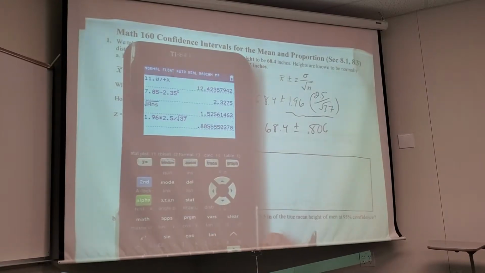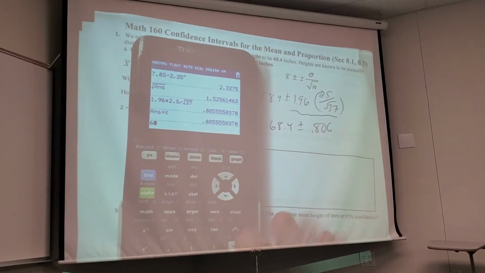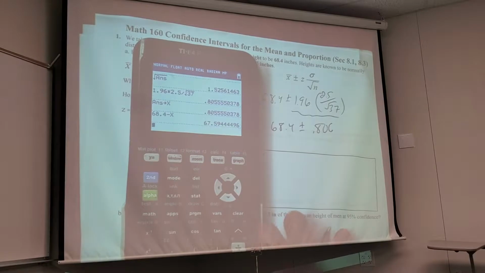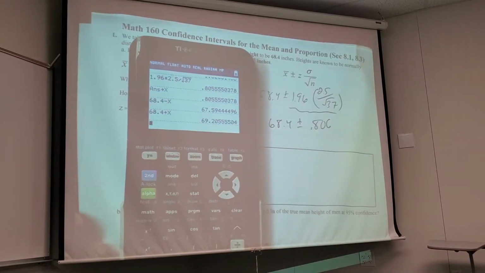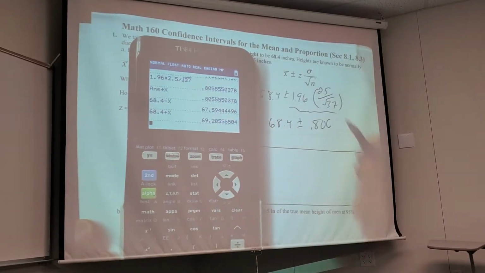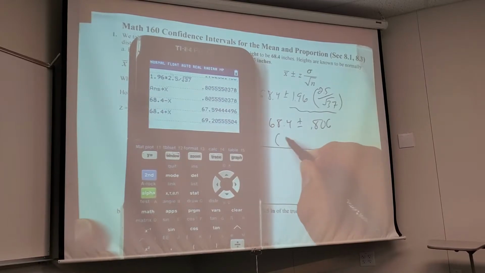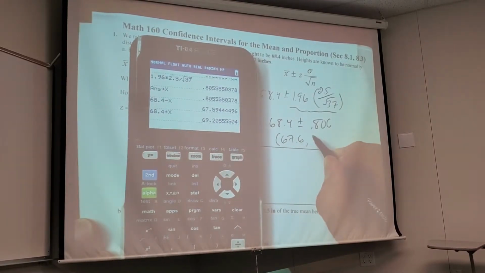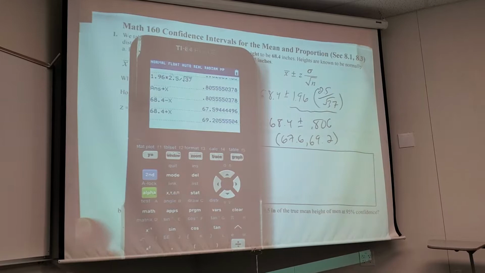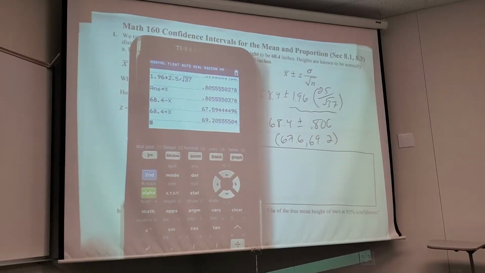Then I'm going to do my weird little thing. You don't have to do it. 68.4 minus that, 68.4 plus that, and I get this. 67.6 up to 69.2. Is that good up to there? So that's the nuts and bolts of it.